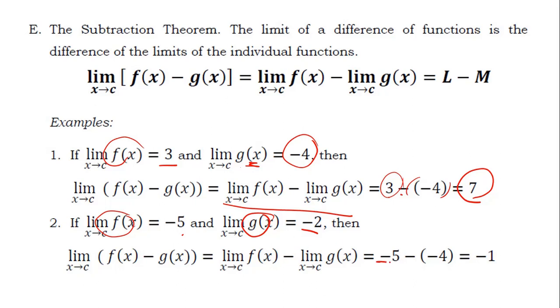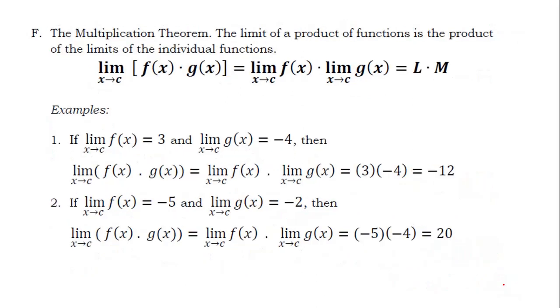Then we have negative 5 minus negative 2, which becomes plus, so we have negative 3. The correct answer is negative 3, not negative 1. That one is wrong.